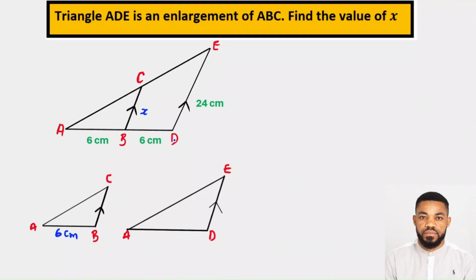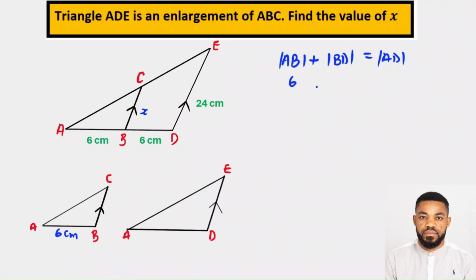Now, BD is 6 centimeters. But you should know that AB plus BD will give us AD. When we add these two sides, we get AD.